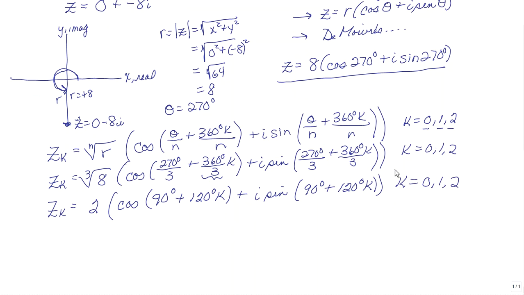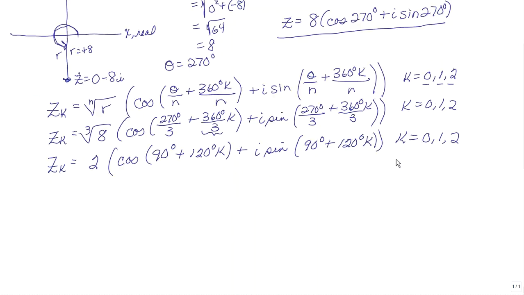So that is the formula that we're going to use for de Moivre's theorem. And now to find the 3 roots, we label them as z sub 0, z sub 1, and z sub 2. So for k equals 0, the first root is going to be 2 times the cosine of 90 degrees. When you let k be 0, it'll just be 90, plus i times the sine of 90 degrees.